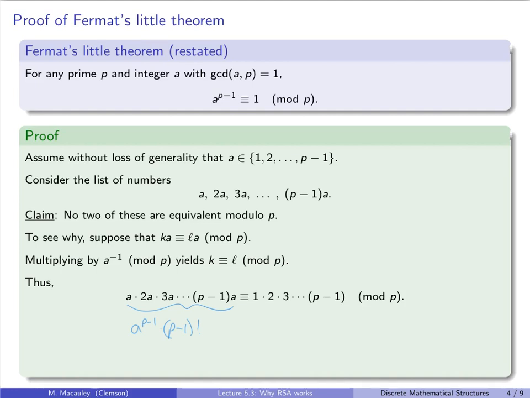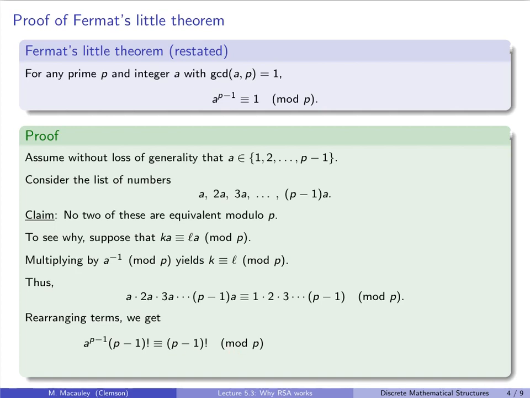And we also know that mod P, this is equivalent to 1 times 2 times 3 all the way up to P minus 1, in other words, P minus 1 factorial. So if we rearrange terms on the left-hand side, we get A to the P minus 1 times P minus 1 factorial, and that is equivalent to P minus 1 factorial mod P.